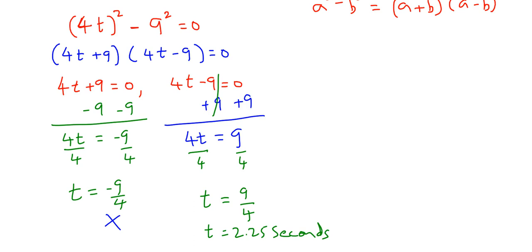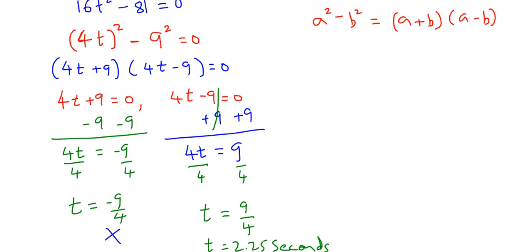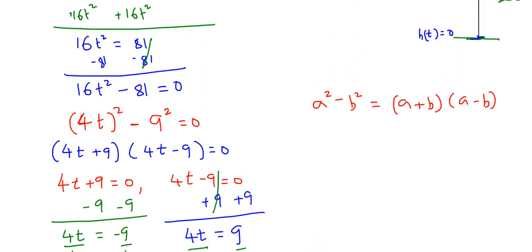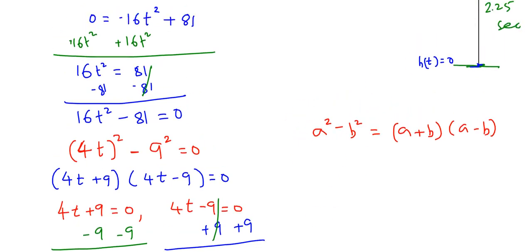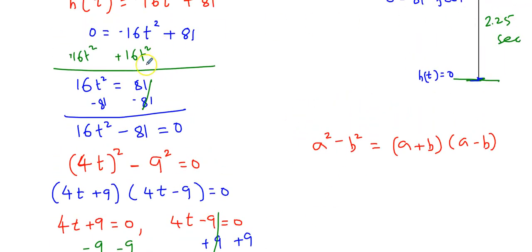But sometimes, if you don't have to use this factorization at all, directly from this 16t square equal to 81, I'll show you what I could have done. 16t square is equal to 81.